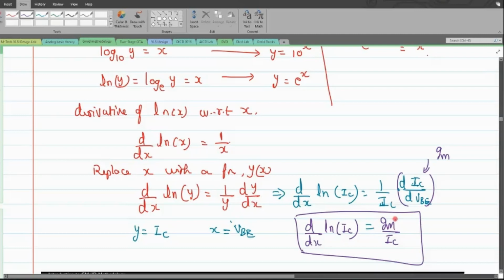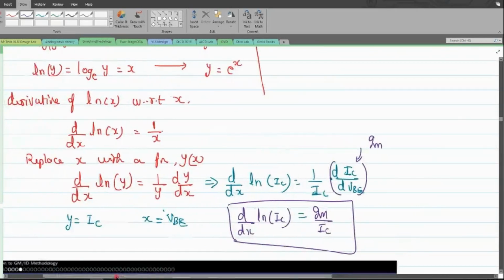In general, whenever we talk about gm over IC, it is nothing but the first derivative of a logarithmic current component. So the ratio between the transconductance and the bias current reflects the first derivative, or the slope, of the natural log of our collector current.